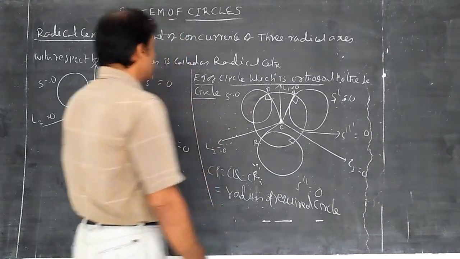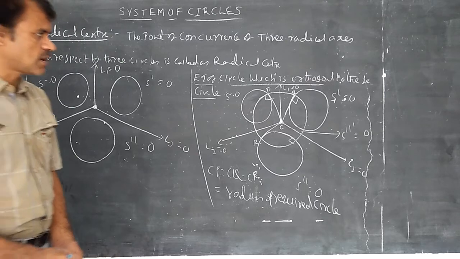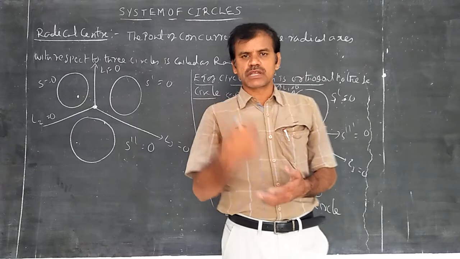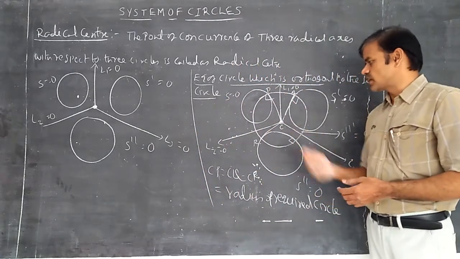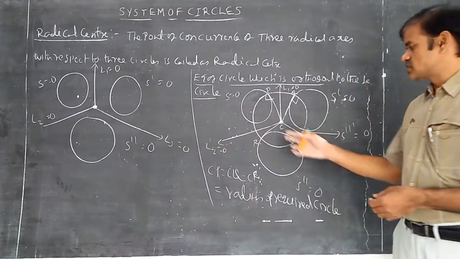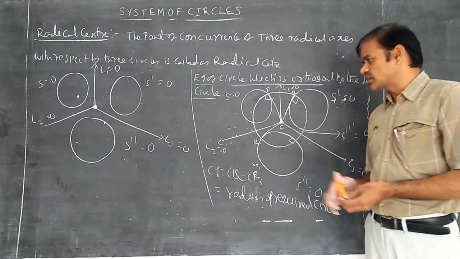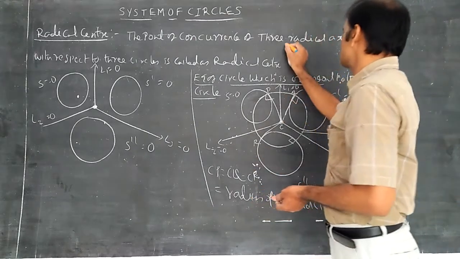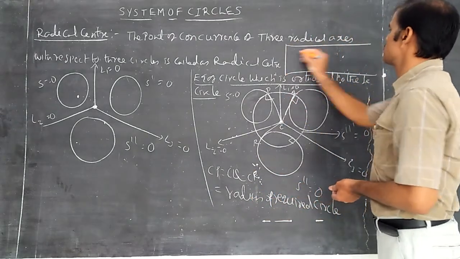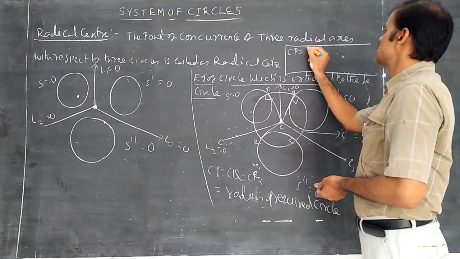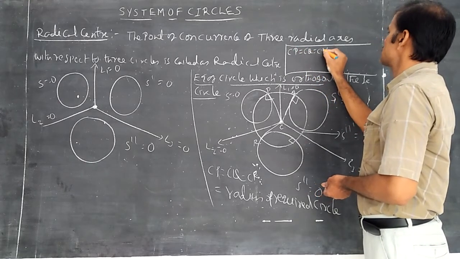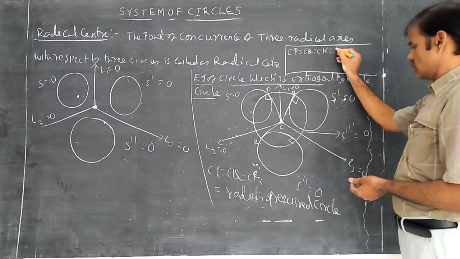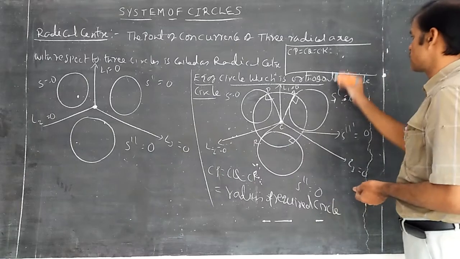So what is happening here? What is CP? What is CQ? What is CR? CP is the length of the tangent from the radical center to the first circle, CQ is the length of the tangent from the radical center to the second circle, and CR is the length of the tangent from the radical center to the third circle. So here you can write CP is equal to CQ is equal to CR is equal to the radius of the required circle.